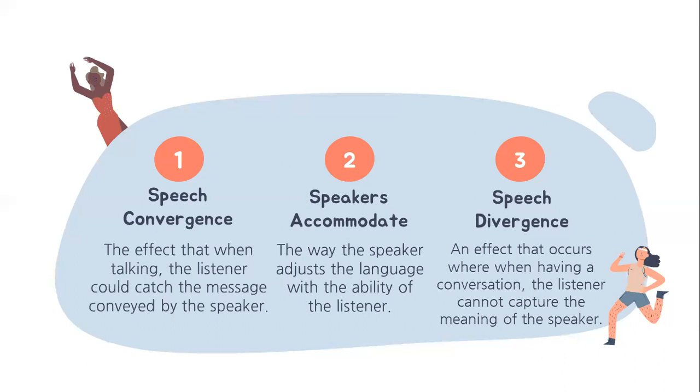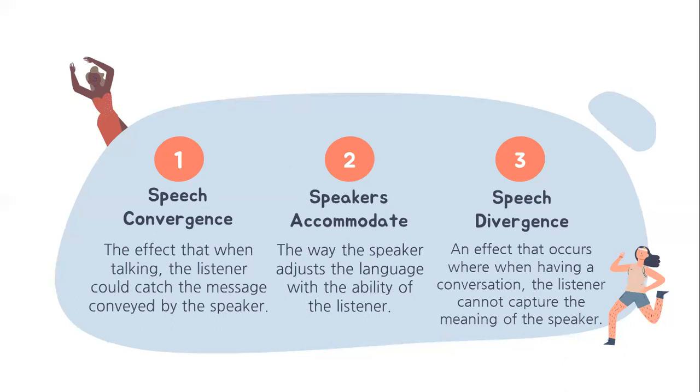The last is speech divergence. Speech divergence is an effect that occurs when, having a conversation, the listener cannot capture the meaning of the speaker. So there is no convergence communication in the conversation and it creates miscommunication.